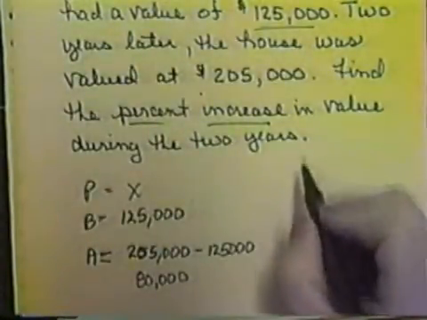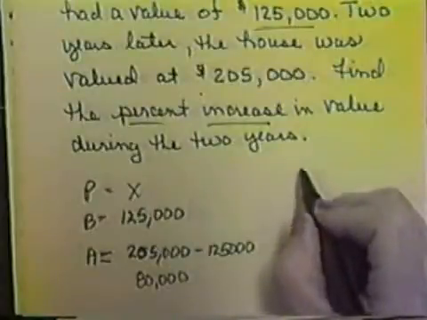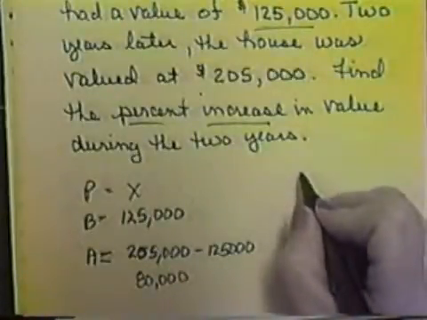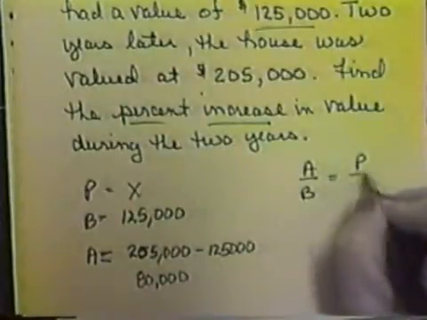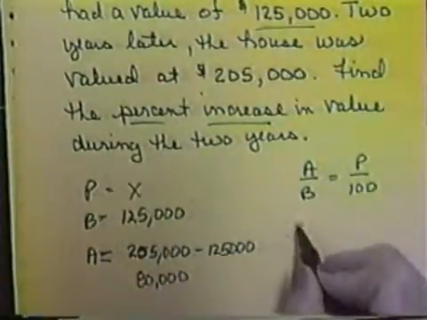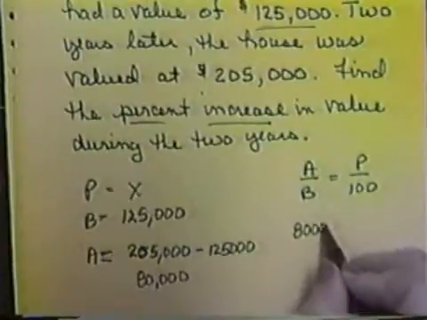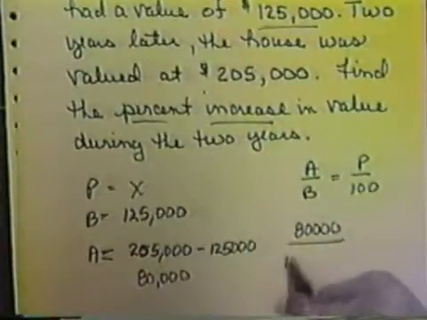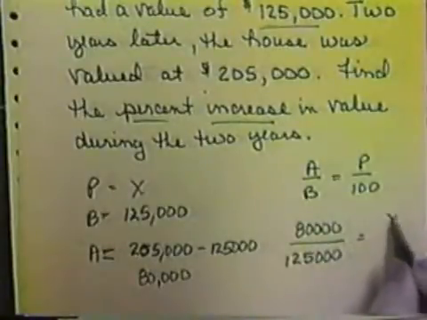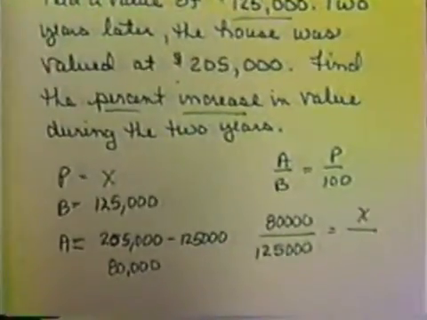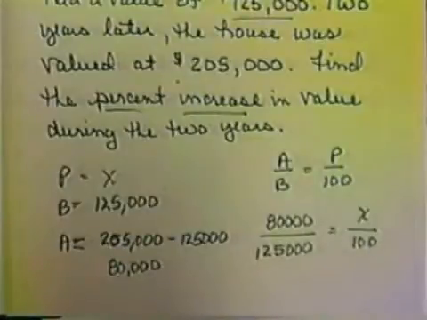So using the percent formula, we get amount over base is equal to the percent over 100. So we get 80,000 over the base, which is 125,000, is equal to the percent, which is what we're looking for, over 100.